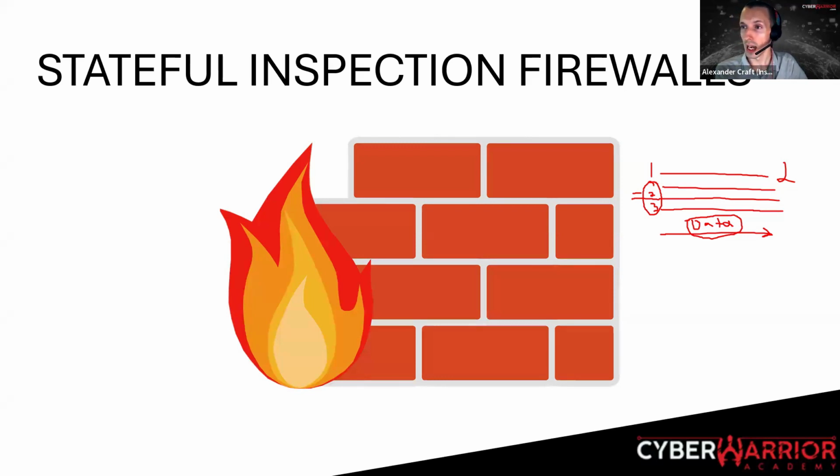So not every type of server or virtual machine can run this type of firewall, because it is a lot more taxing on resources. It has to do a lot more data processing very quickly to not slow the network connection down. So it can be more expensive to operate. It can be a little bit more cumbersome or complicated to set up, but it doesn't mean that it is bad. It just has trade-offs as anything else does.